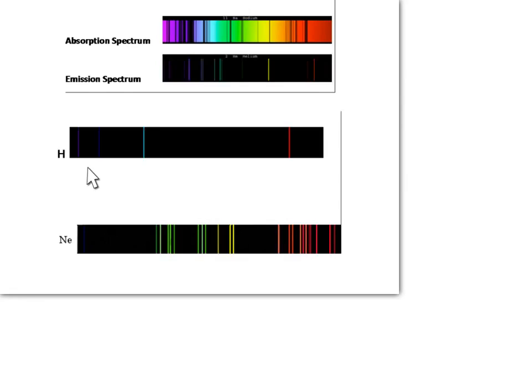For hydrogen, there are only a few jumps in the visible region because there's only one electron. Whereas neon has 10 electrons in different energy levels, so the amounts of energy they can emit going from the excited state back down to lower energy levels are a lot more different. And so you have a lot more lights.